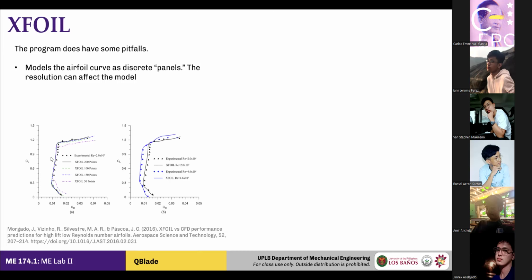So for example here sa leftmost graph makita nyo, as you increase yung number of points sa airfoil model mo, lumalapit ka dun sa experimental data. So it gets closer. Tapos if you stay at very low Reynolds, like for example to the magnitude 10 to the 5, gaganda.